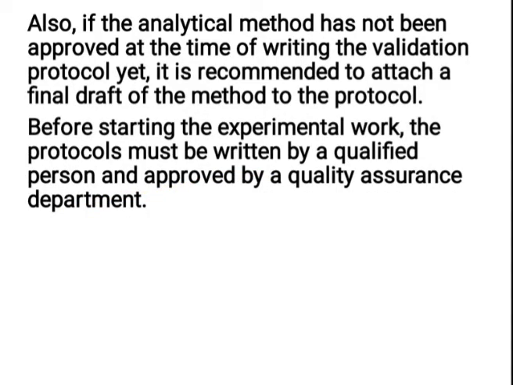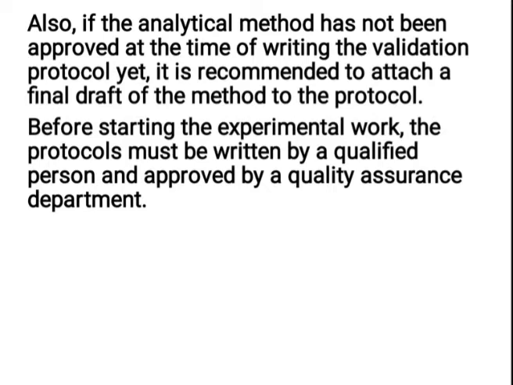Then, if the analytical method has not been approved at the time of writing the validation protocol, it is recommended to attach a final draft of the method to the protocol. It means, suppose the procedure written by you is not approved at the time of writing the validation protocol, then it is recommended to attach a final draft of the method to the protocol.